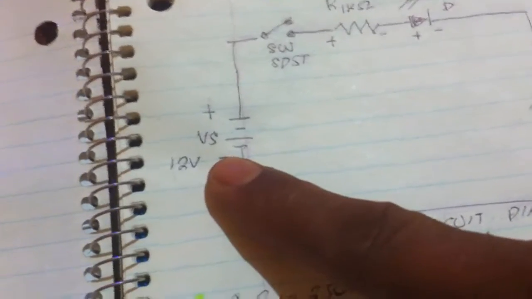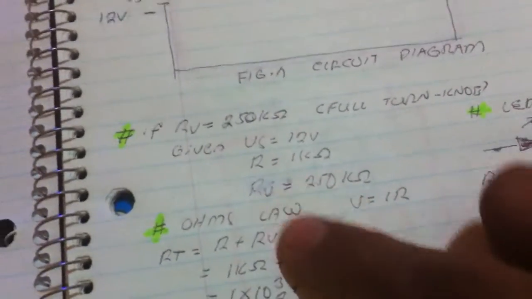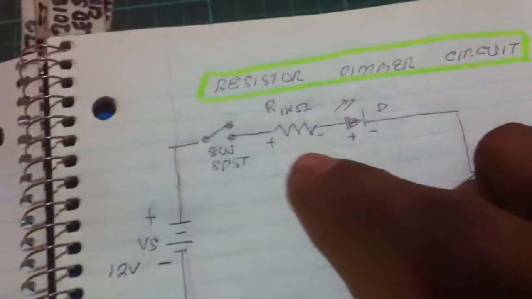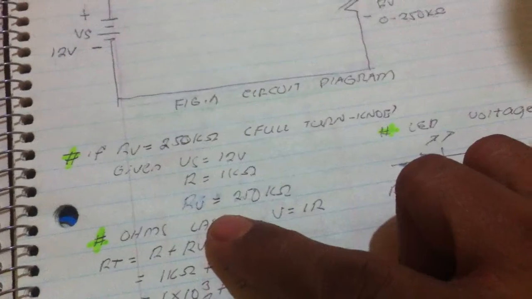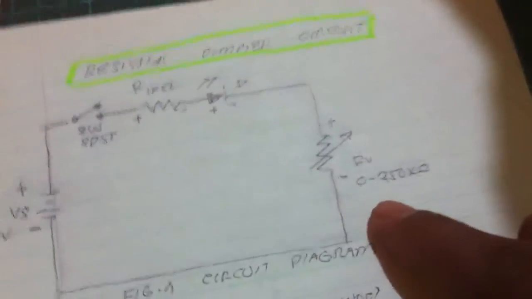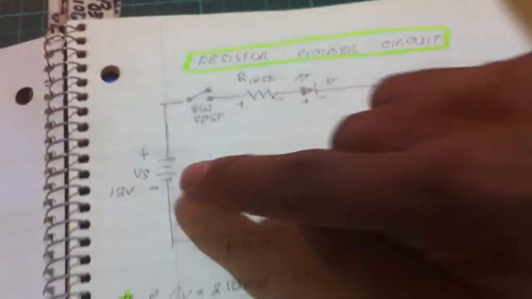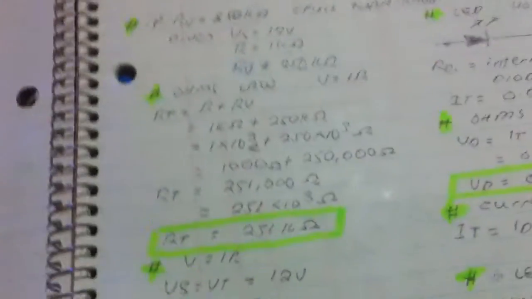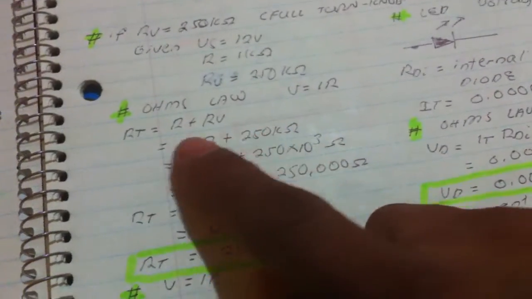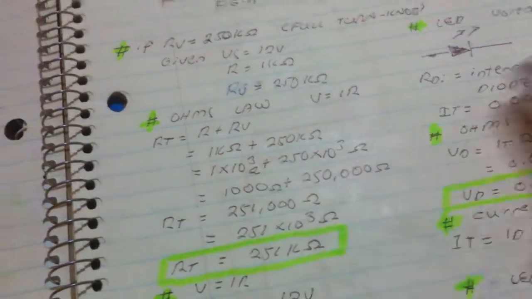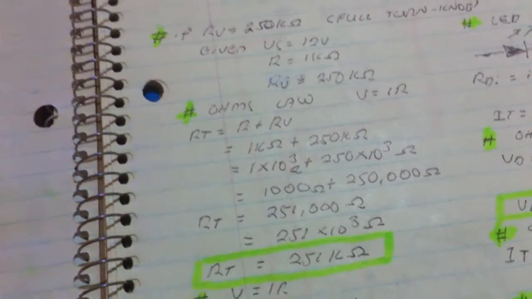So when you turn the knob, the given is only a voltage supply here, and we know the resistance value. External resistance here, and we have now the new value of variable resistor, 250. So it's now 250 kilo ohms, LED 1 kilo ohm, and the voltage supply. Using Ohm's law, the sum of all resistance in series is equal to the total resistance.